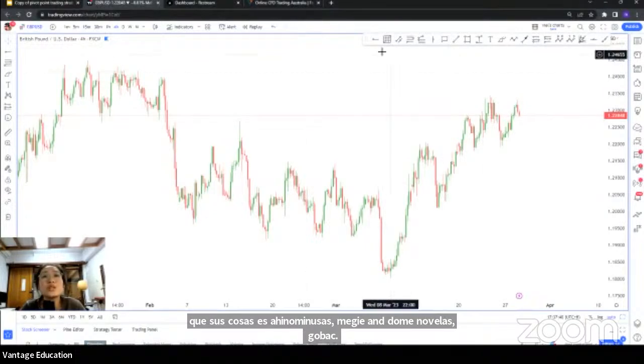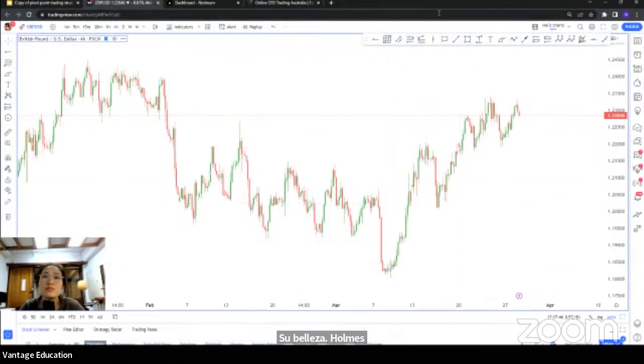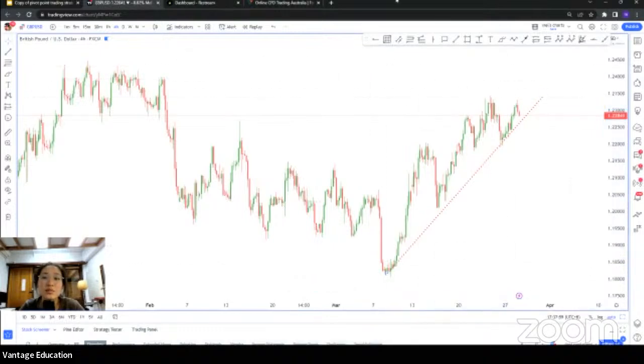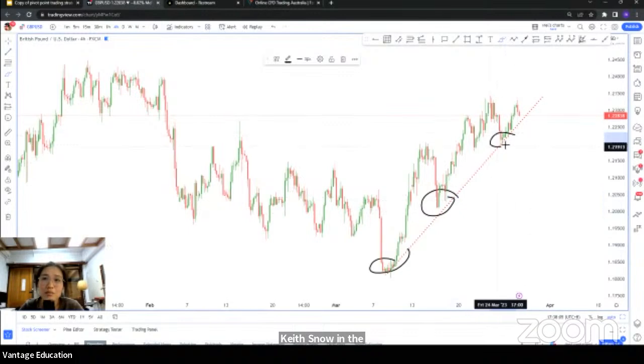Okay, so I think we can all agree that pound is on an uptrend. Okay, this is not a valid trend line because for a valid trend line, we need 3 significant touches, and in this case, it's not quite touching.